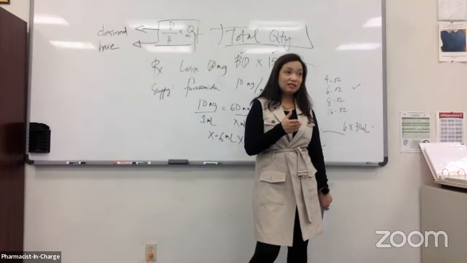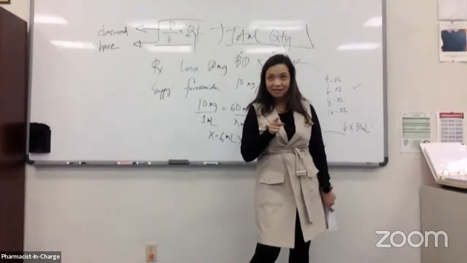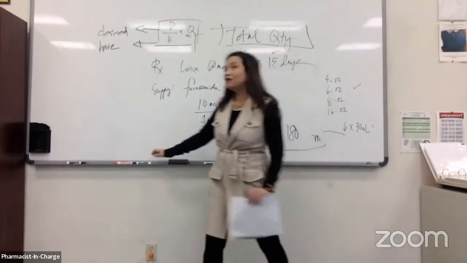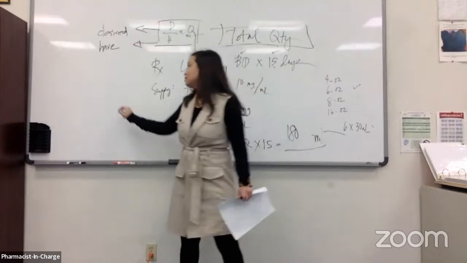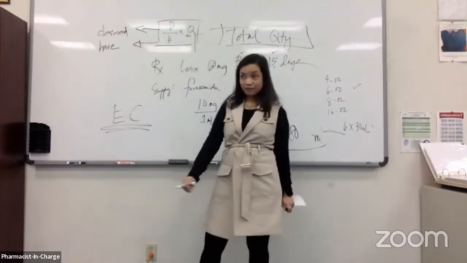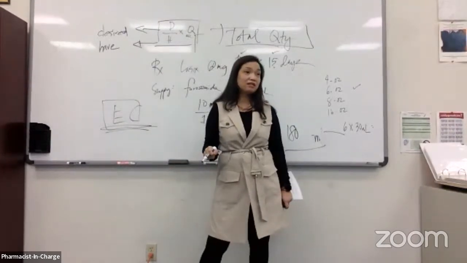What are these examples? The bad tricks. One, painkillers. One that always comes up is EC tablet.